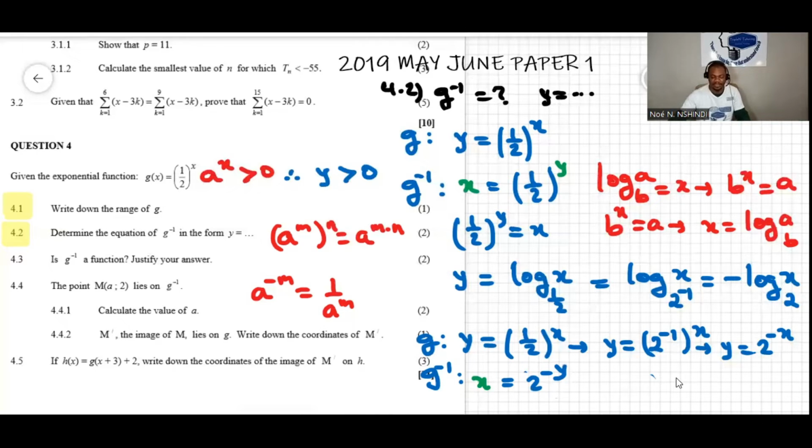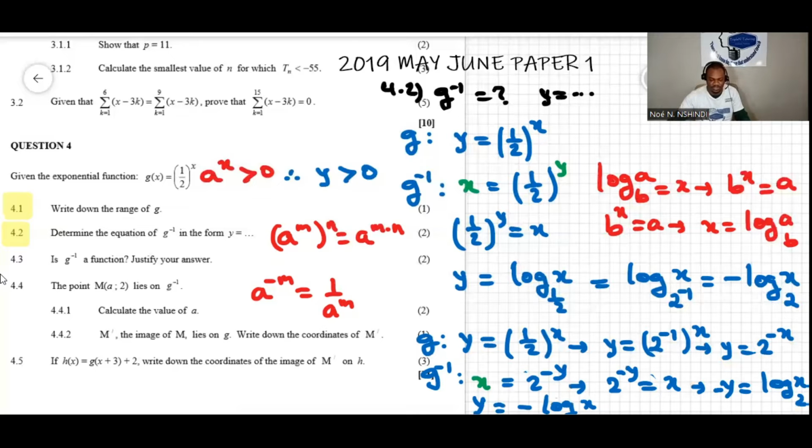I prefer to write it as 2 to the negative y equals x, and then applying the property of logs that we wrote here in red, we can say that negative y is equal to log of x base 2, and then y will be equal to negative log of x base 2.